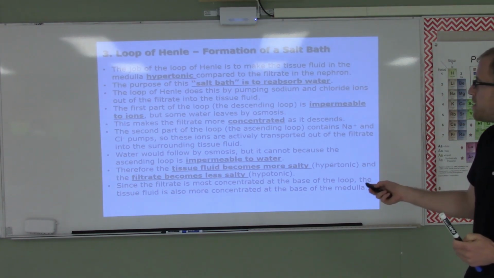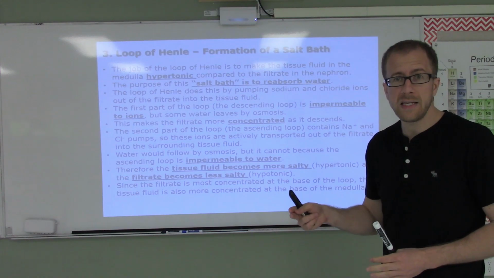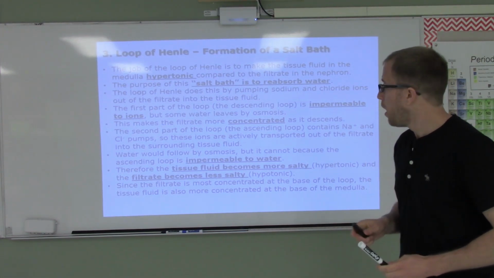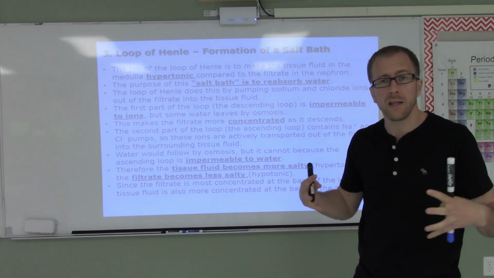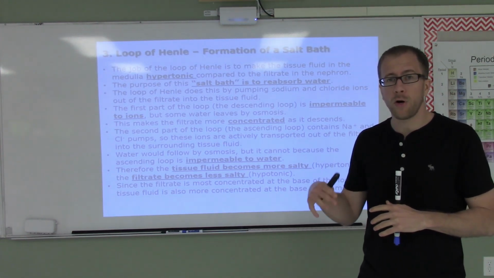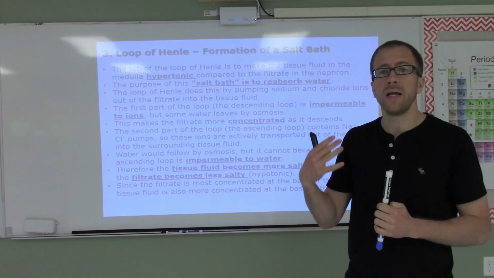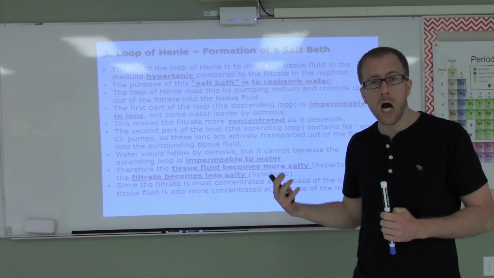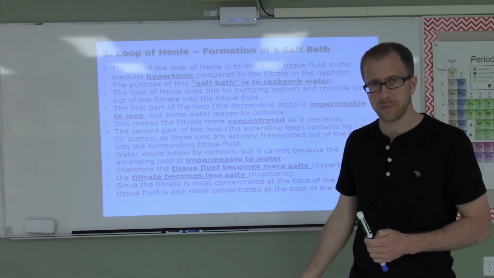Now, as we then go up the loop of Henle, the ascending loop of Henle, the walls of the loop of Henle now become impermeable to water, but we actively pump out those sodium and chloride ions.